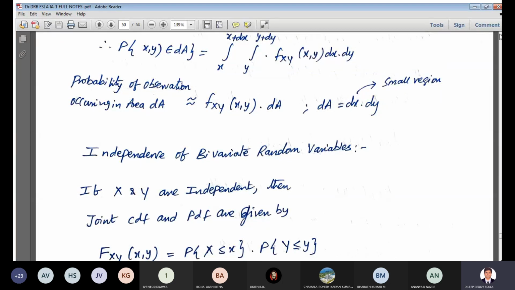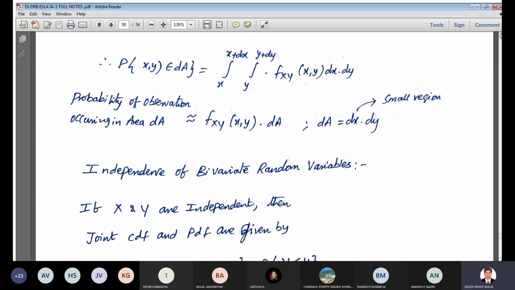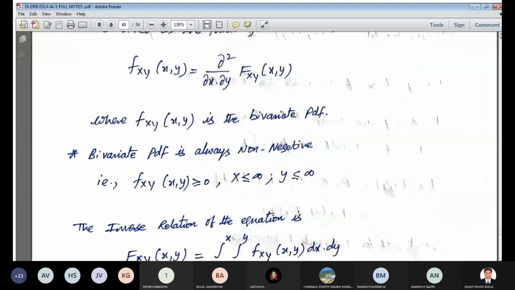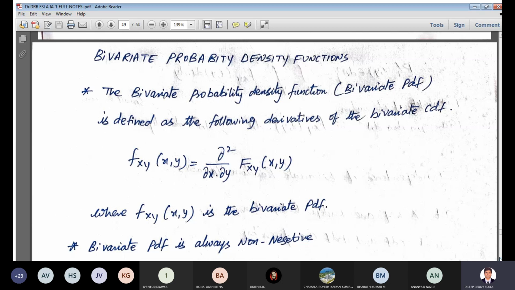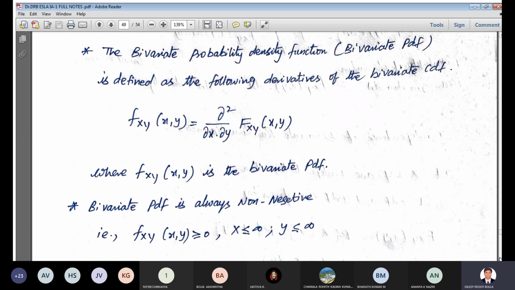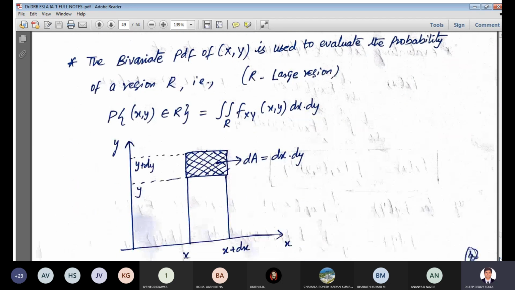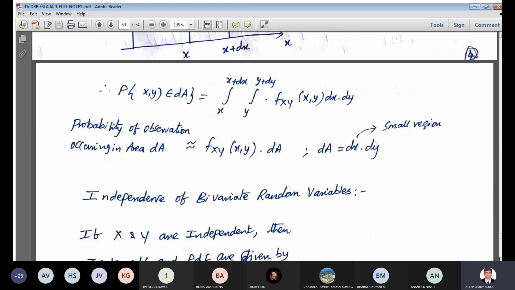So this way also we can write. Up to here, if you write, that's good enough for the bivariate probability density function.